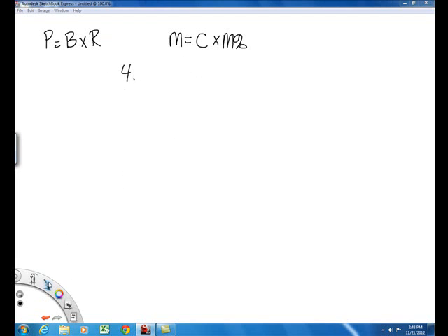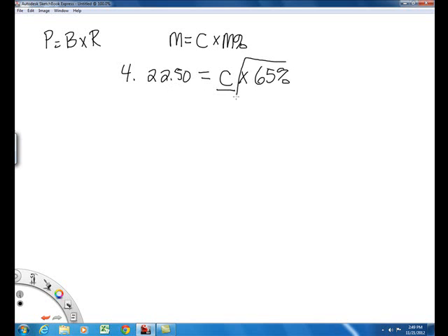It tells me that my mark on amount is $22.50. My cost, I do not know, so I'll leave it as C. And my mark on rate is 65%. So I'm going to have to solve for my cost.